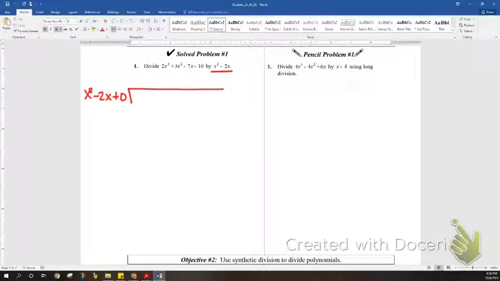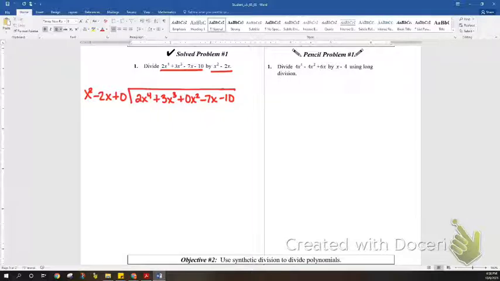All right, it divides into 2x to the 4th plus 3x cubed minus 7x minus 10. It's in descending order. The x squared is missing, so I'm going to put a 0x squared for that. So we have our 2x to the 4th plus our 3x cubed plus 0x squared minus 7x minus 10.